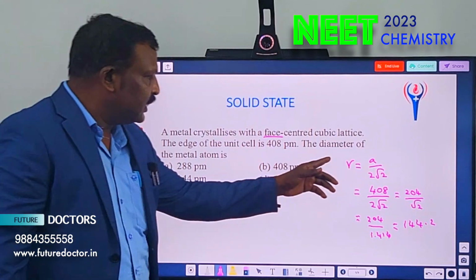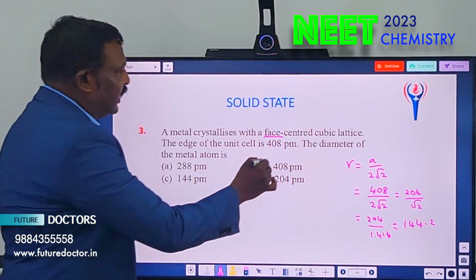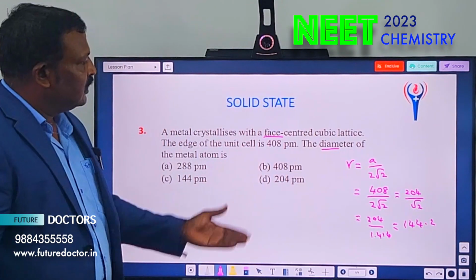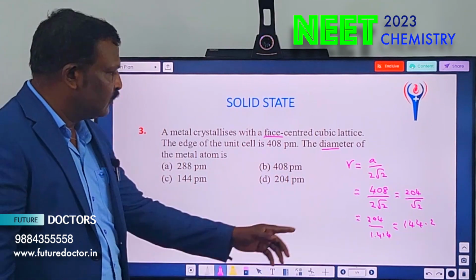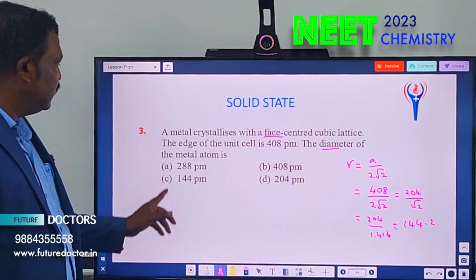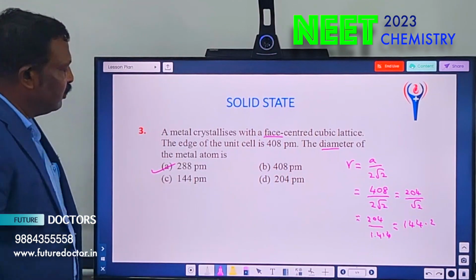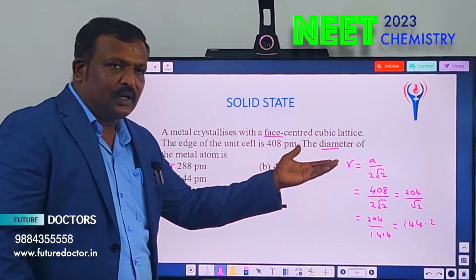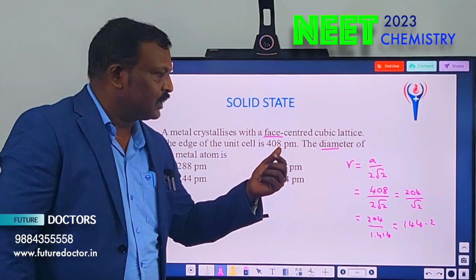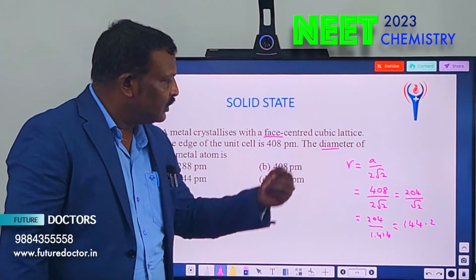So this is the radius only. But they're asking for the diameter, which will be twice the radius. So 144 into 2 is approximately 288 picometer. Radius is usually asked, but in this sum they asked for the diameter. Twice the radius is called the diameter.